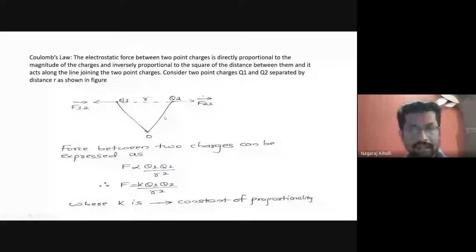That is why we write the unit vector a12 bar as the distance between the two point charges, r2 minus r1, divided by its magnitude, |r2 minus r1|. We take the distance from the origin to Q1 as r1 and from the origin to Q2 as r2. The difference between the two vectors, r2 vector minus r1 vector, divided by its magnitude gives the direction of the force acting between Q1 and Q2.